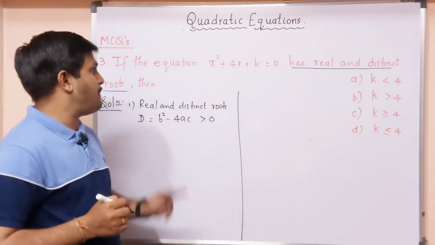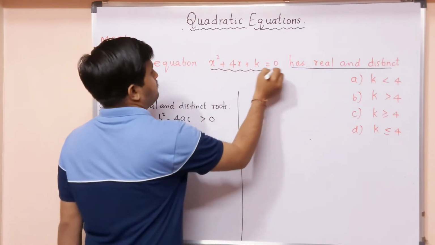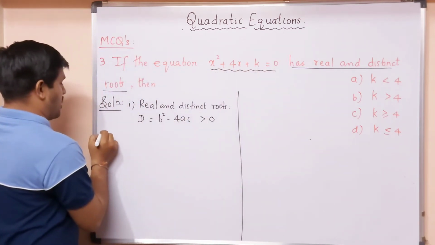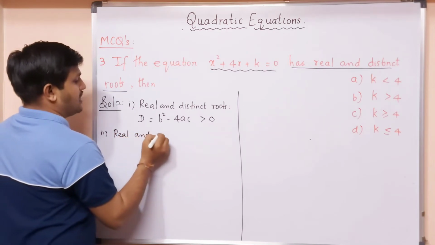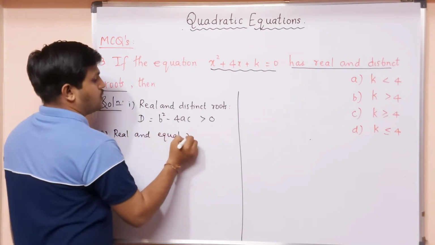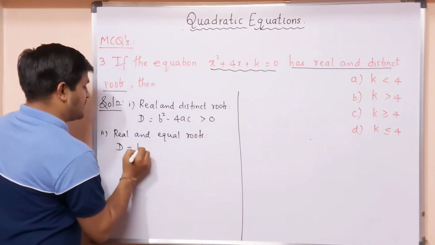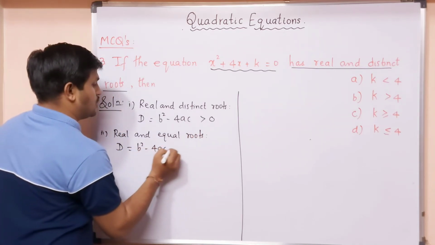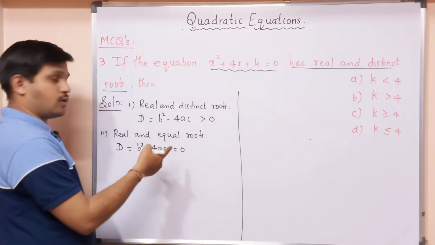So maximum it can have two roots for a given quadratic equation. Now the second point is, if it is real and equal roots, then what does the discriminant say? D, which is b square minus 4ac, is equal to 0. In the last problem we observed this, real and equal roots.